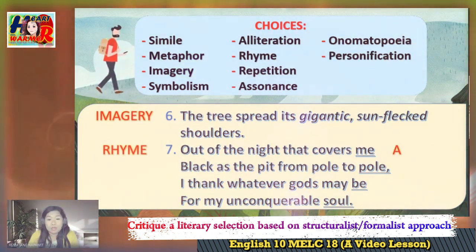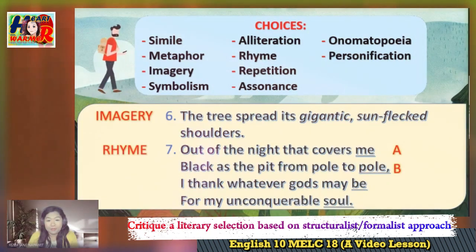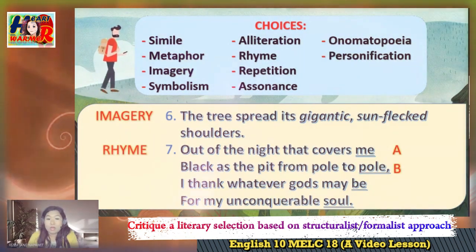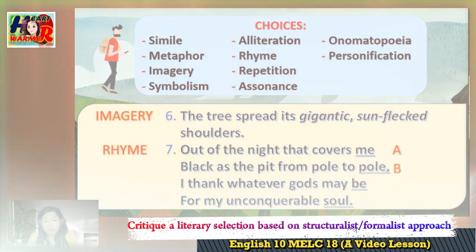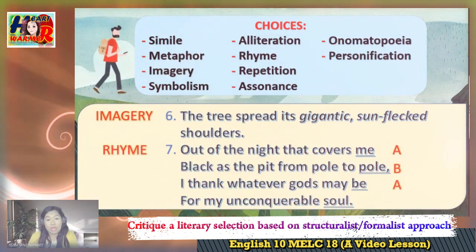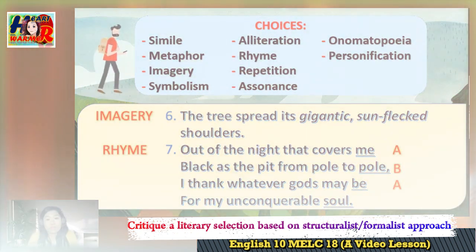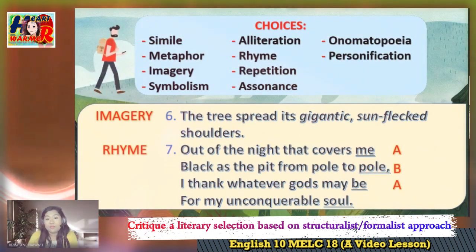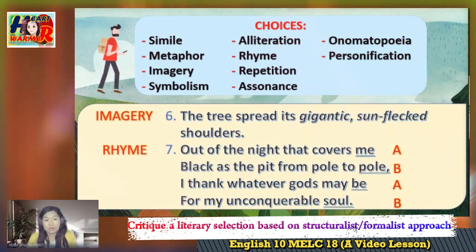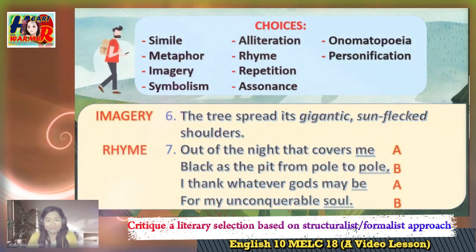So, that's the second sound, so we denote it with another letter, which is B. How about be? Be has the same sound as me, so that's why we denote it with the same letter as the first sound, which is A. And soul rhymes with pole, so we give it the same letter as the second sound, and that is B. So that is referring to rhyme.